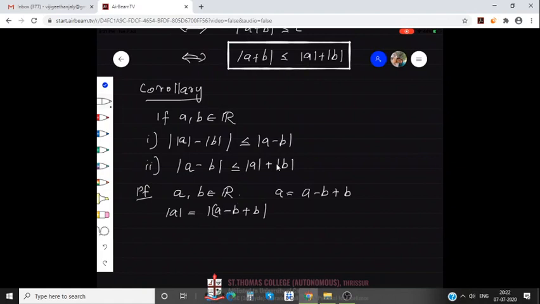Considering a minus b as a single entry and applying the triangle inequality, this is less than or equal to the absolute value of a minus b plus the absolute value of b. Now subtract the absolute value of b on both sides, so that we get the absolute value of a minus the absolute value of b is less than or equal to the absolute value of a minus b. Take this as 1.